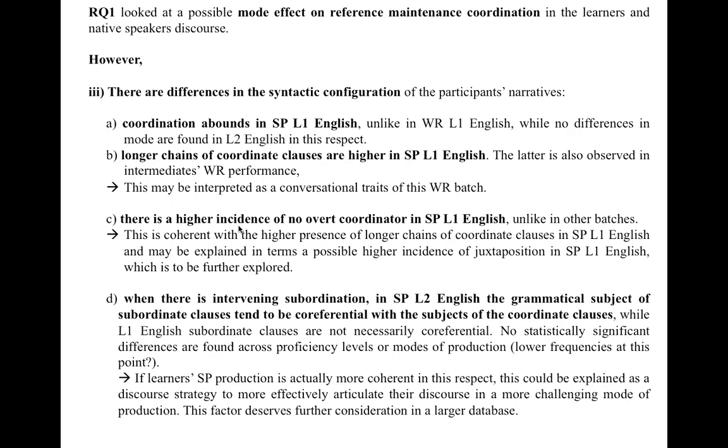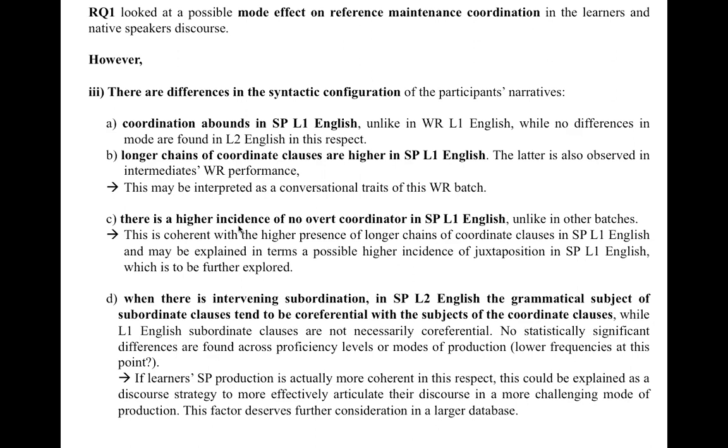Then finally, when there is intervening subordination in spoken L2 English, the grammatical subject of subordinate clauses tends to be co-referential with the subject of coordinate clauses, while, as we've seen before, in the native language this co-referentiality is not necessarily the case.